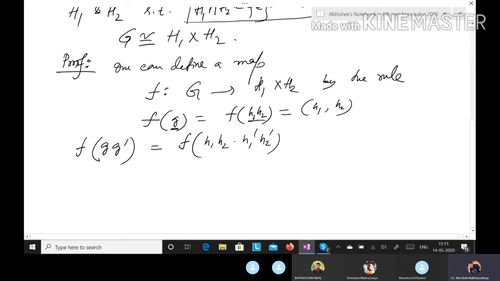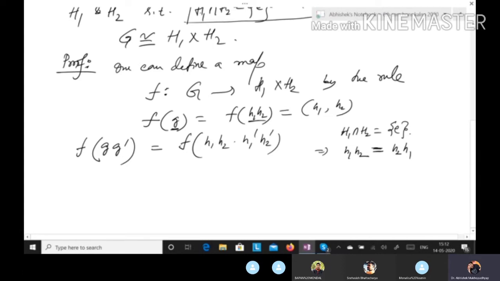Since H1 and H2 are two normal subgroups having the property that their intersection contains exactly the identity element, one can prove that for any two elements h1, h2 we have h2 h1 equal to h1 h2. So they commute.